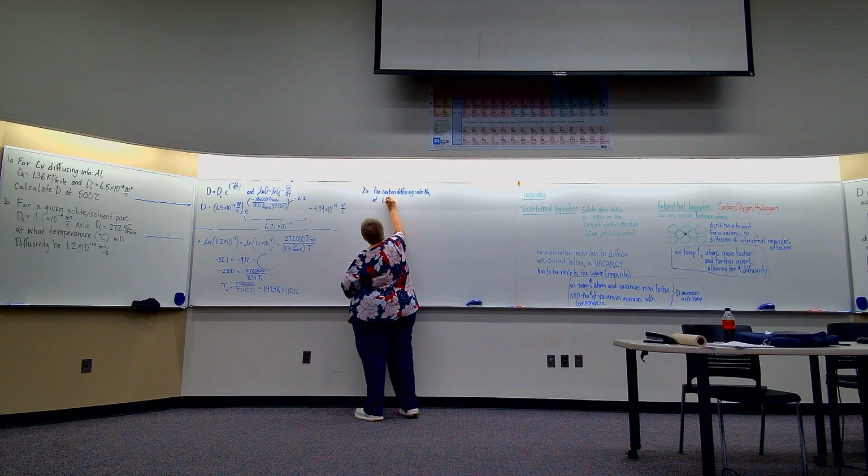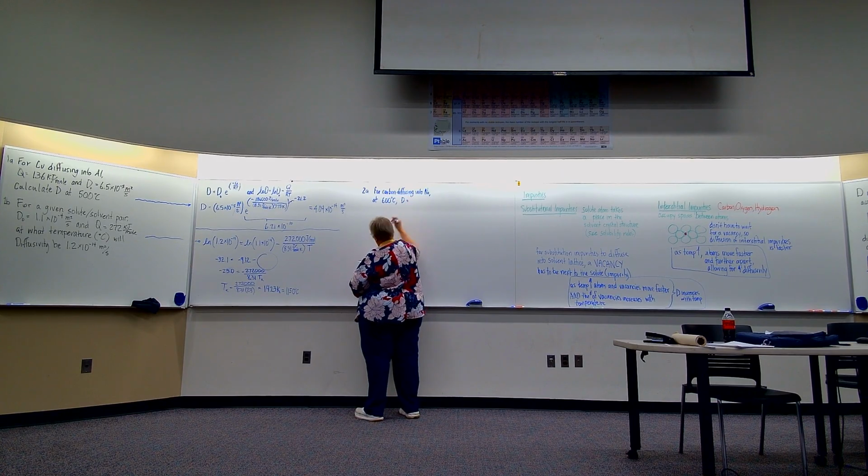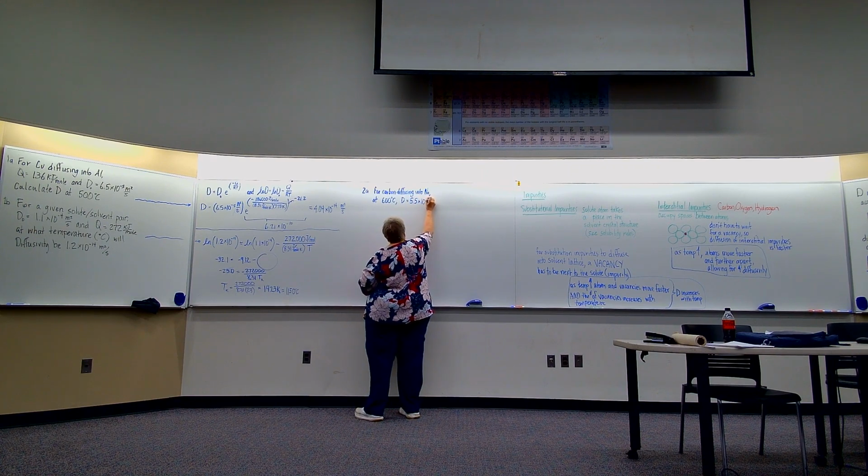At 600 C, D is 5.5 times 10 to the negative 14 meters squared per second.